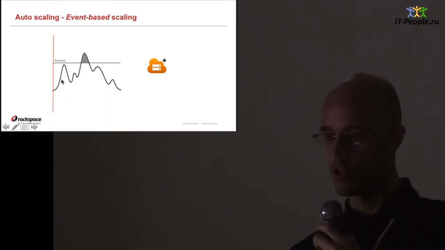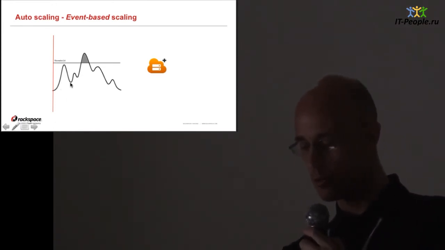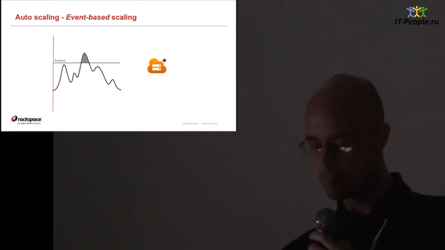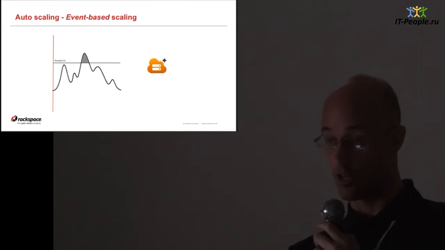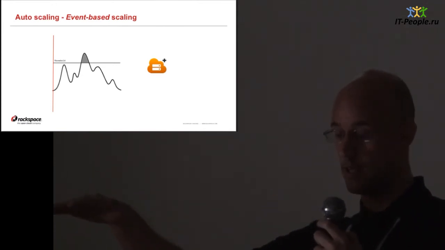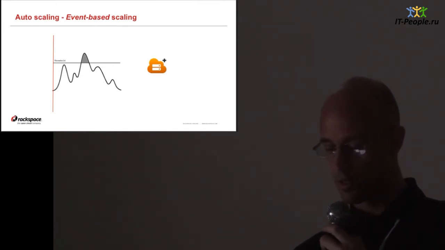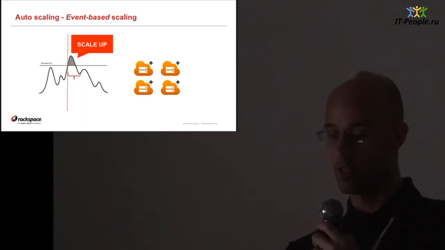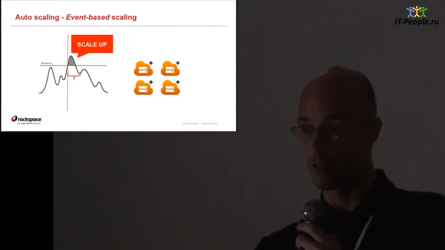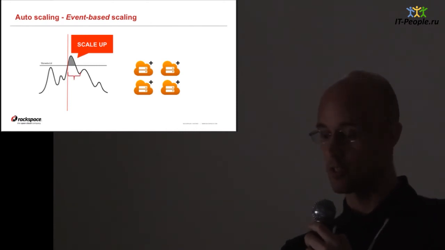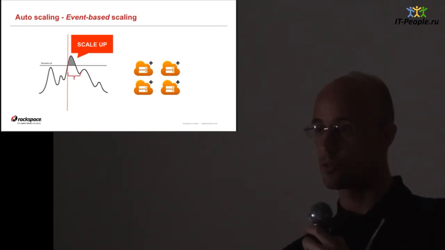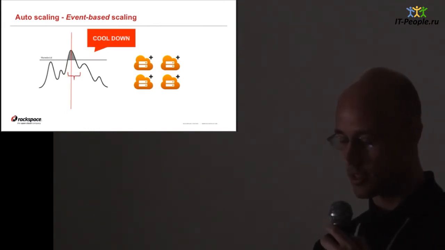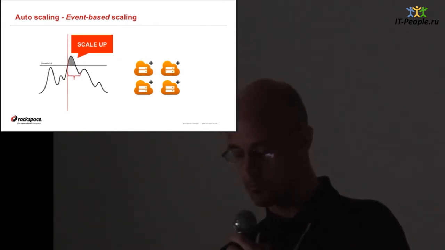That graph displays how traffic is hitting your infrastructure. You set a threshold, the horizontal line. As soon as traffic reaches that threshold, you need to do something. You need to provision at runtime new servers. So you need to scale up. When you scale up, additional servers are spun up.